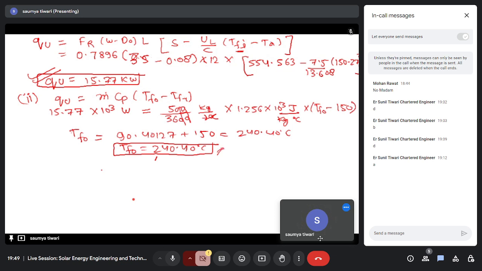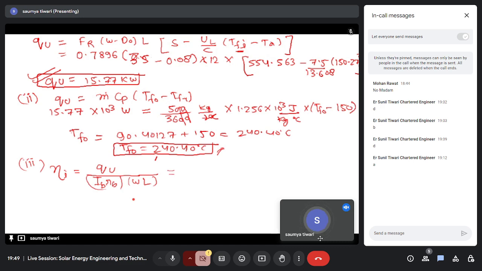Okay. Now what else we can calculate from here is your instantaneous efficiency, right? That will be your Q useful upon whatever input was there, so IB into RB into your area. Area is W into L, width into length.